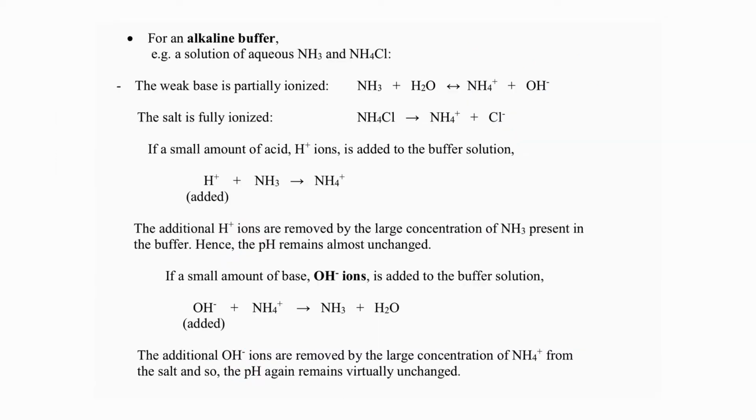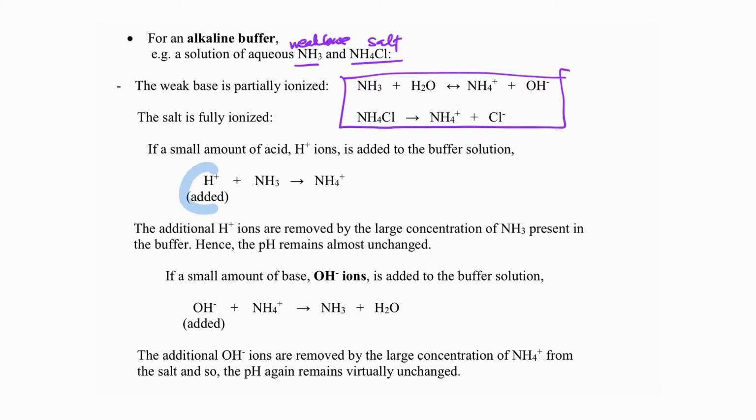Next is the example of an alkaline buffer, where we have a weak base, which is ammonia, and its salt. This is the mixture of the buffer. When there is H+ added, NH3 with its lone pair will be the proton acceptor to neutralize the H+ added.